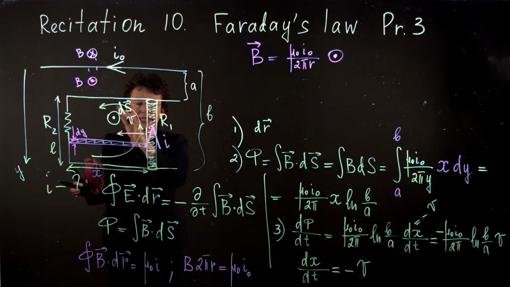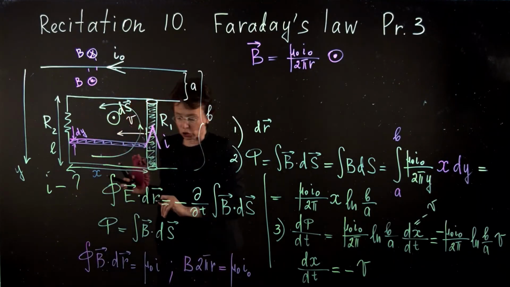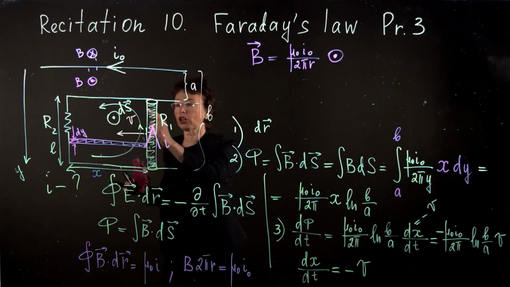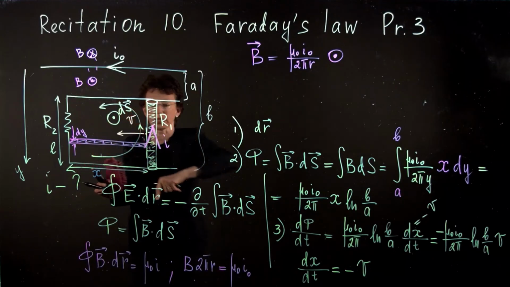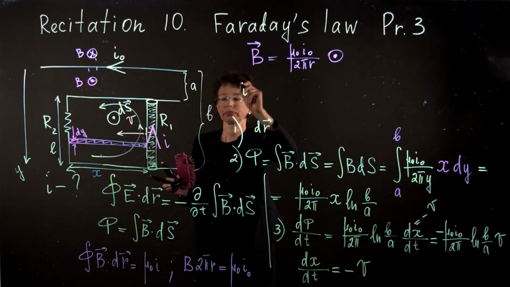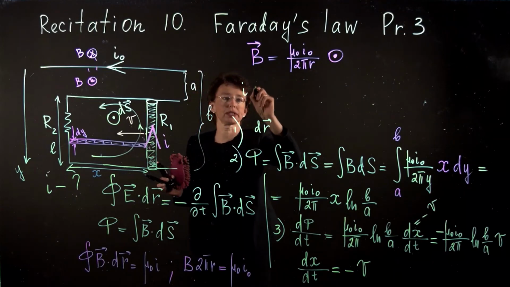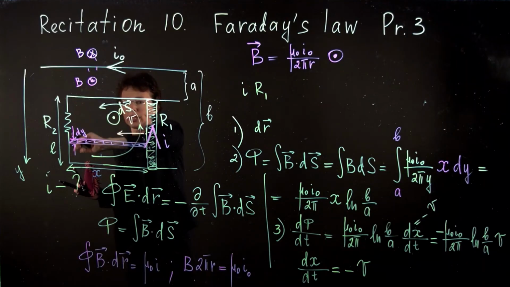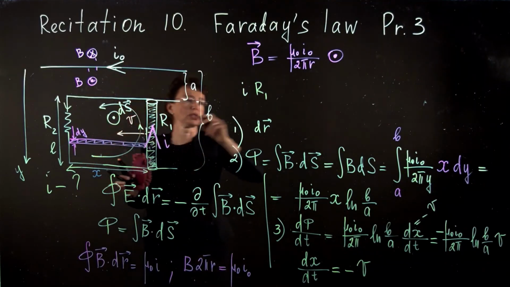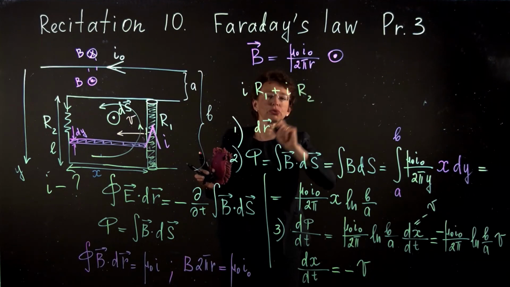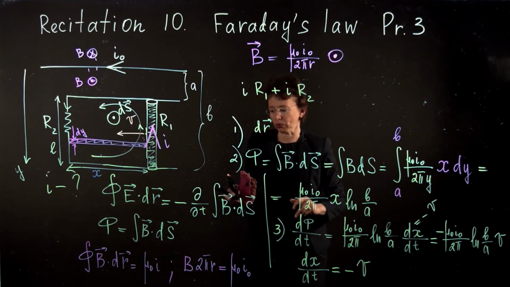So I have dr that is parallel to the electric field, which makes E dot dr positive when I go across both of these resistors. So it will be current I R1. When I go across this resistor R2, again, current goes down, and we go down. So it will be plus I R2. This is the left-hand side of Faraday's law.